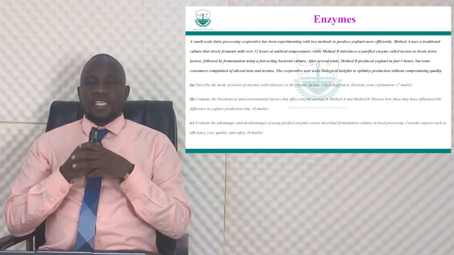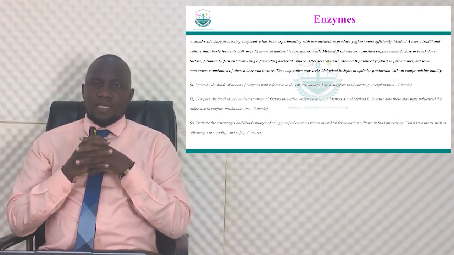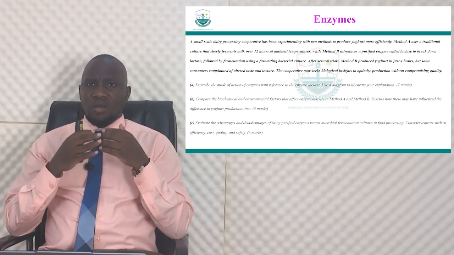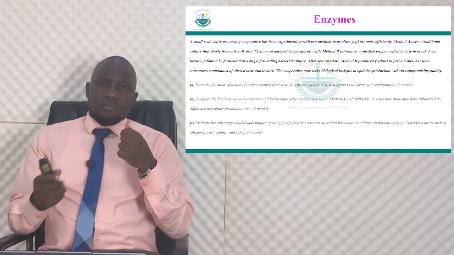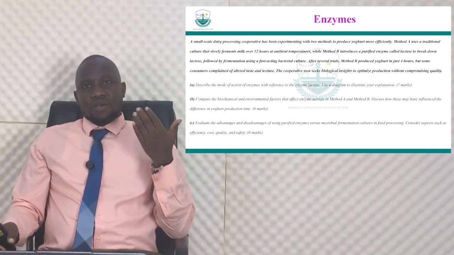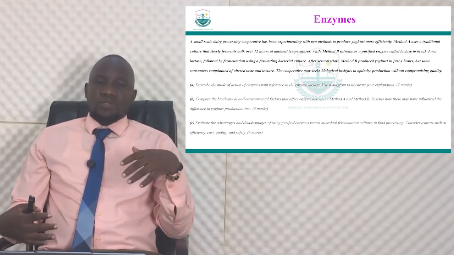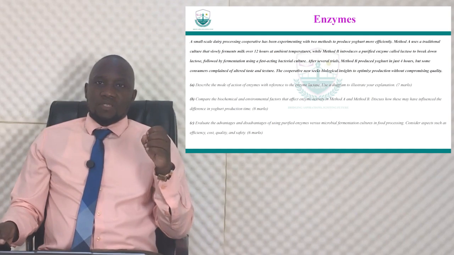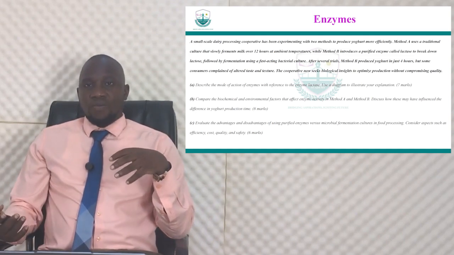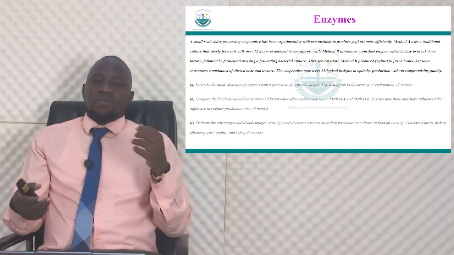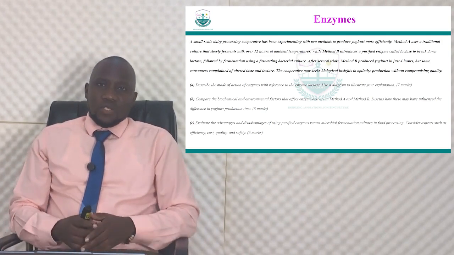So this is an excellent question. This question basically introduces us to a number of concepts. The first concept that this question introduces us to is the fact that, yes, our bodies or organisms actually have enzymes, and these enzymes are biological molecules that speed up the rate of chemical reactions.